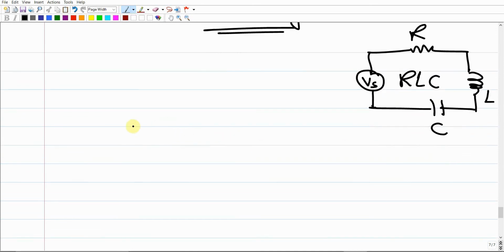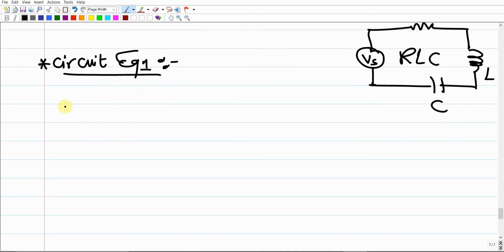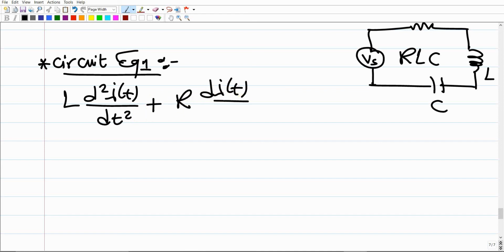We said that for any RLC circuit, the circuit equation will be of this form: L d square I of t by dt square plus R dI of t by dt plus 1 over C I of t equals dVs of t by dt.